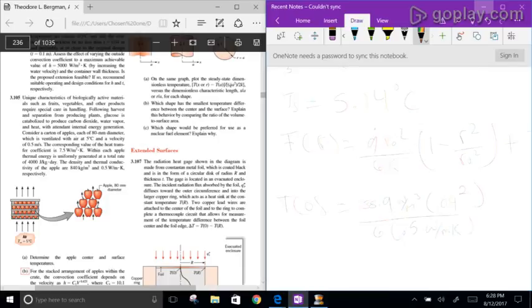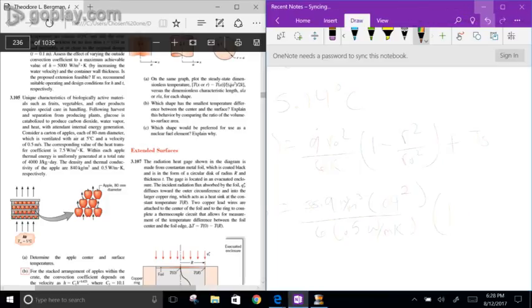Then 1 minus r squared over r naught squared. You put r equal to 0 in there, you get 0, so that just becomes 1.